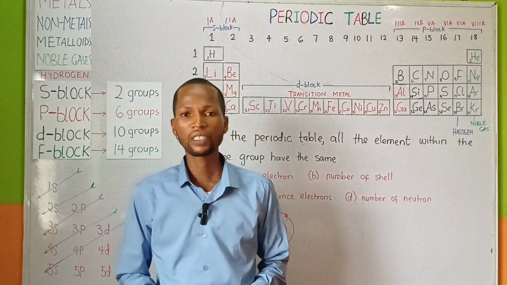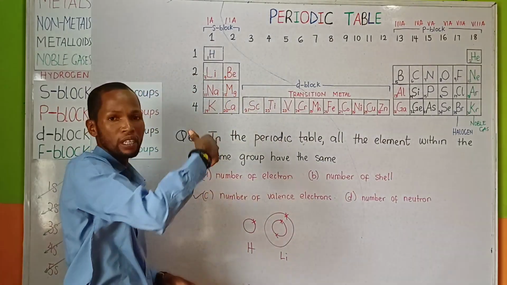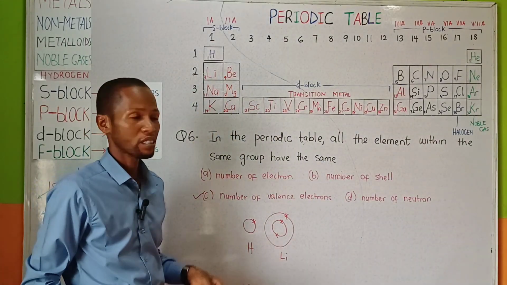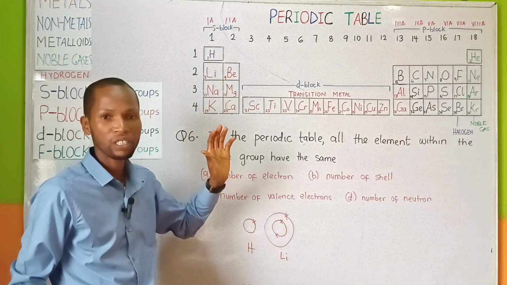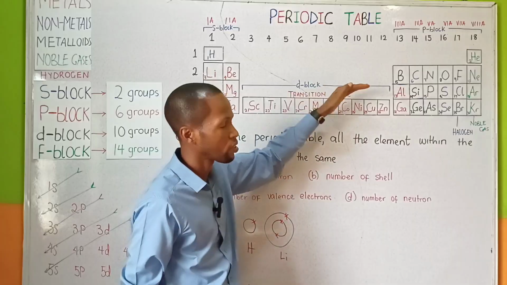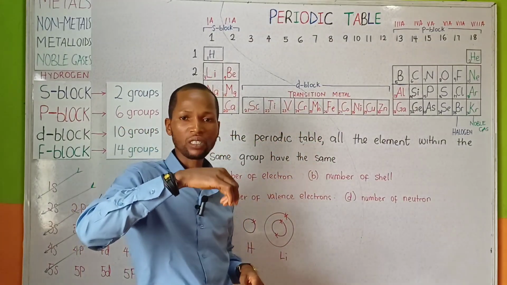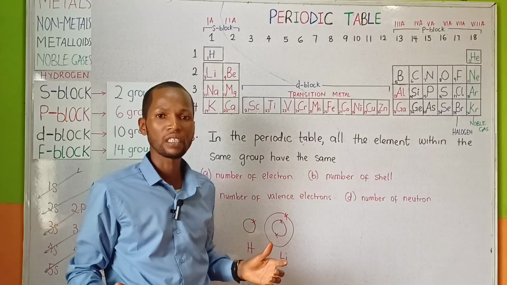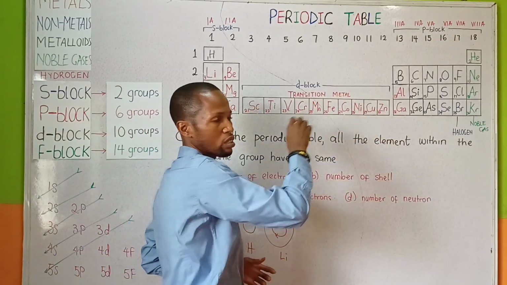Note that in the periodic table of elements, down the group, the shell number increases as we move from hydrogen to lithium to sodium and potassium. While across the period from left to right, the shell number remains constant. But the number of electrons in the outermost shell tends to increase across the period.